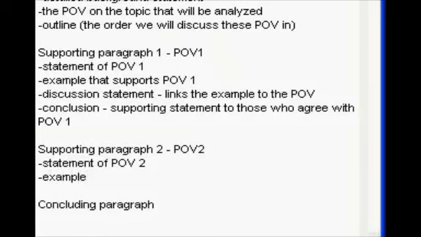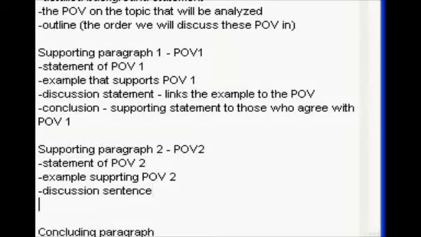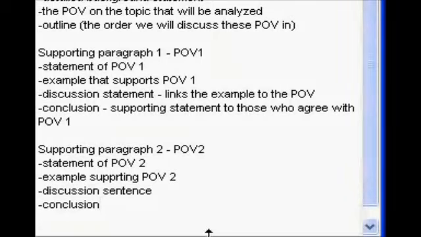The second being an example supporting point of view 2. The third being once again a discussion sentence, and this discussion sentence links the example of point of view 2 with the statement. And finally a conclusion, which once again shows that we understand why some people support this point of view, which is that McDonald's is not a great restaurant.